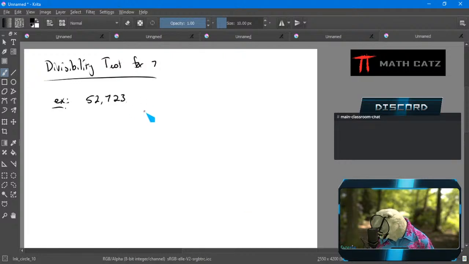How it works is I am going to split this number up. I'm just going to cut off the last digit. There it is. And then I'm going to take the number as if that last digit was never there. And then I'm going to subtract that last digit times 2.